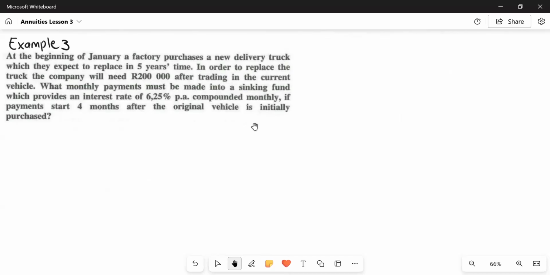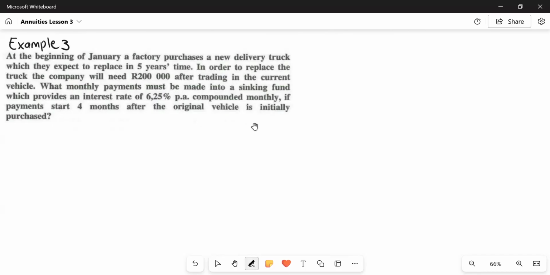What monthly payments must be made into a sinking fund, which provides an interest rate of 6.25% per annum compounded monthly, if payments start 4 months after the original vehicle is initially purchased? Okay, cool. We also need analysis, but I feel like now this will need a timeline, grade 11 timeline, right?